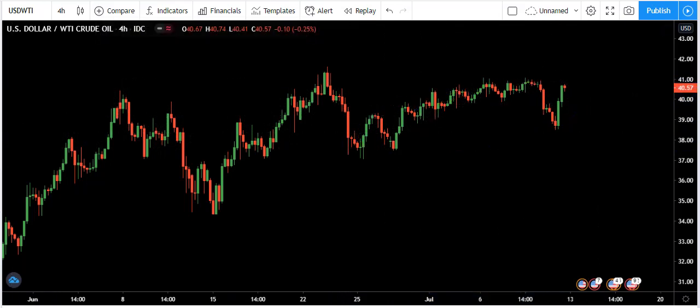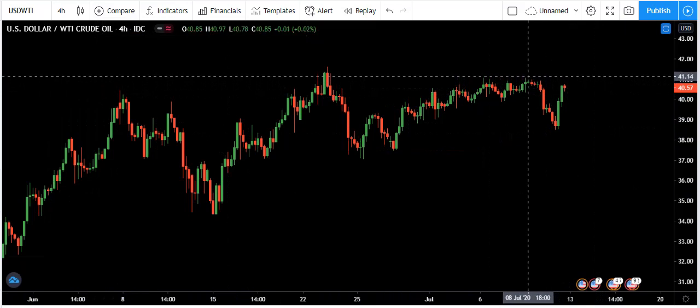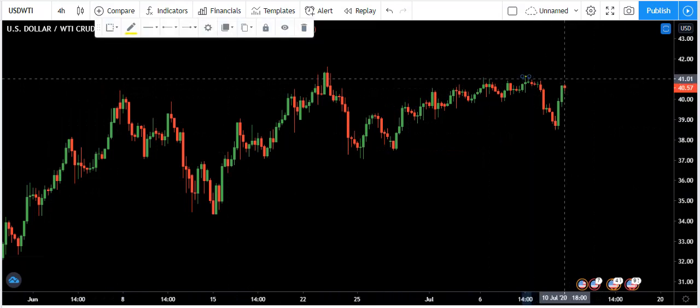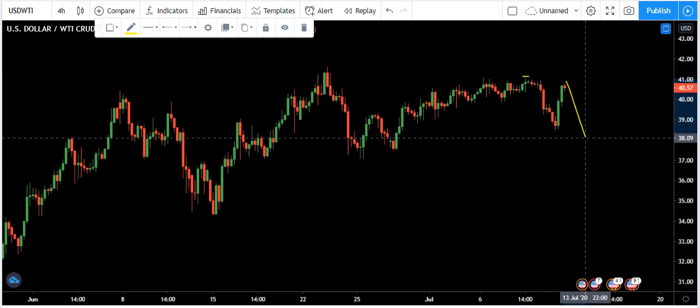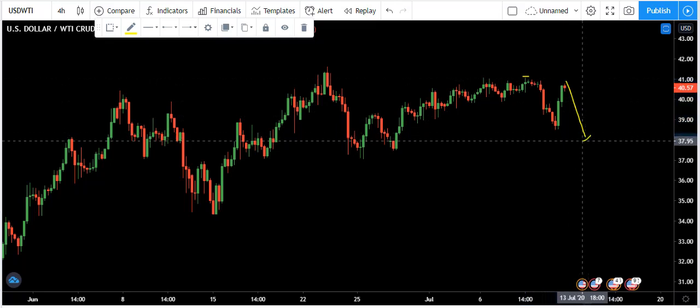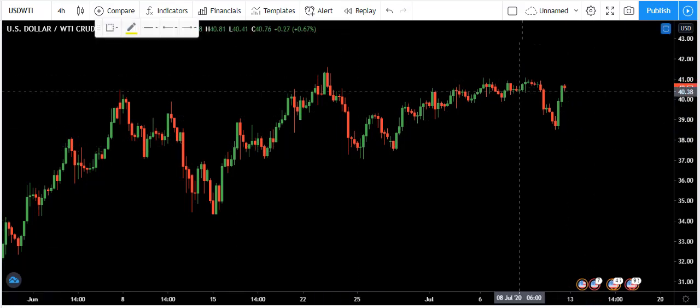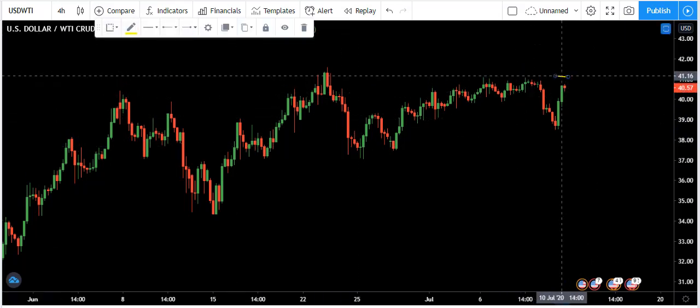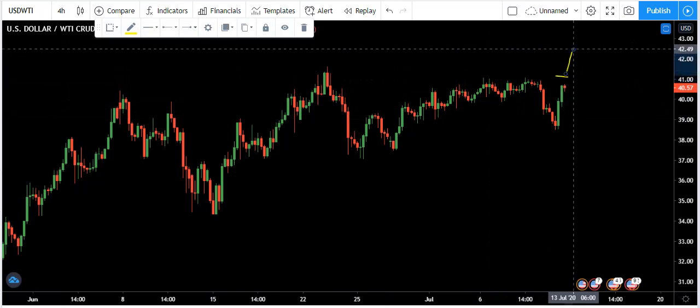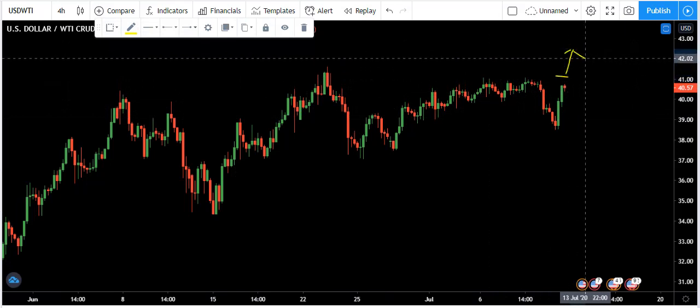This means for the next week, if the price is below here, below this top, even if it hits the top, then from there we get the sell setup. We can look for the downtrend. The other way is that the price can continue and break the top, then we can expect it to move to this high at least.